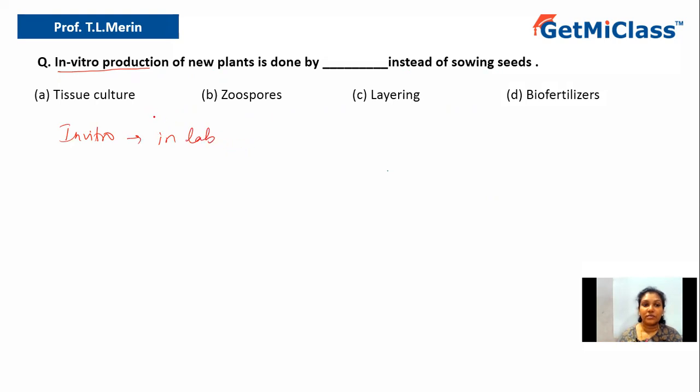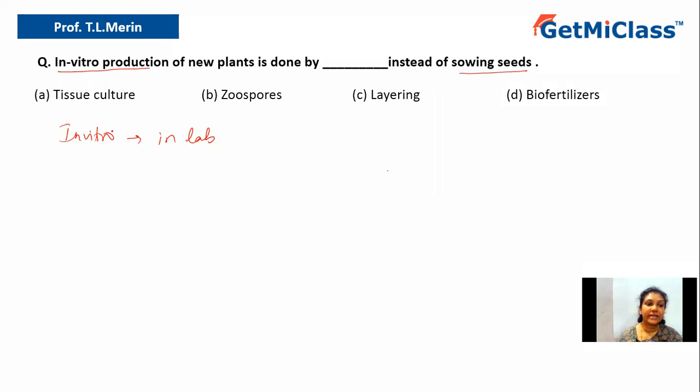Of course we can sow seeds in the lab in a medium to give rise to new plants, but here, instead of sowing seeds, how else can you produce new plants in the lab?